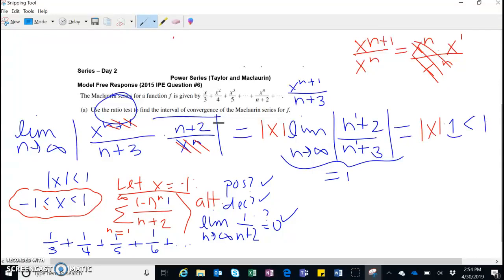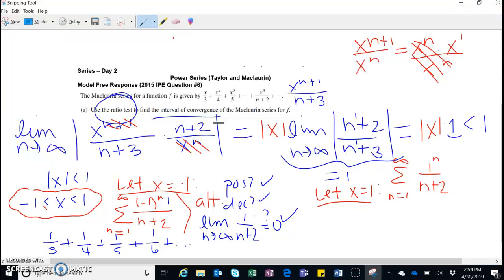Then I'll go ahead and test the other side. We will let x equal +1 now. And that leads to the series from 1 to infinity of 1 over n plus 2. 1 to the n, technically, but we know that 1 to any power is just 1.